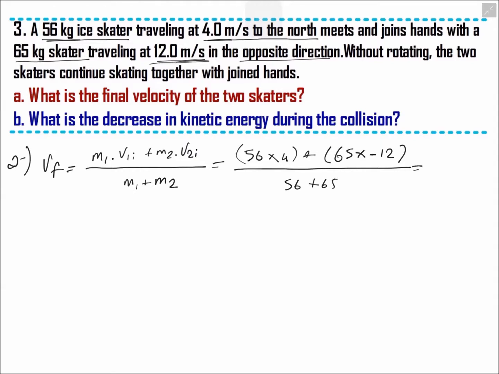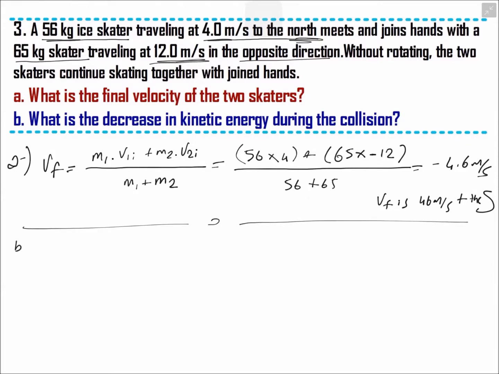So the result will be negative 4.6 meters per second. So V final is 4.6 meters per second to the, here it's given north, so it will be south.